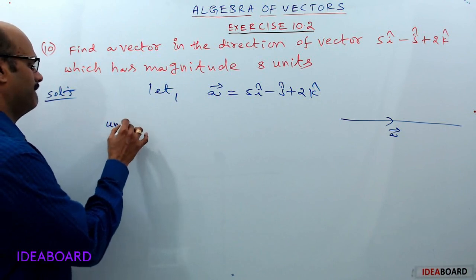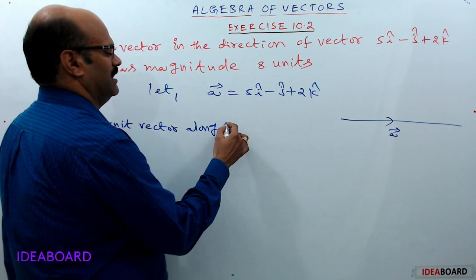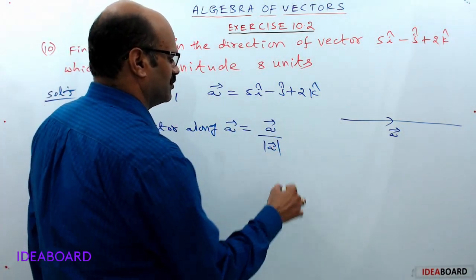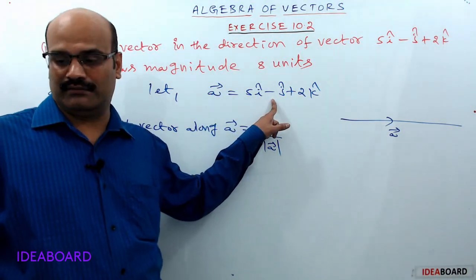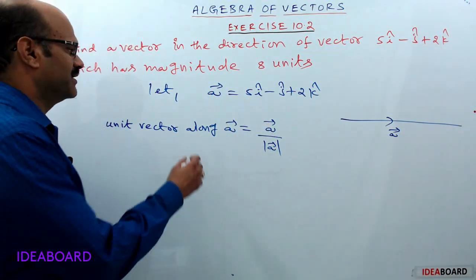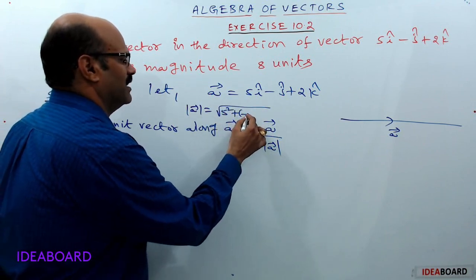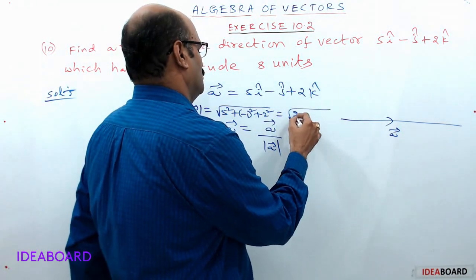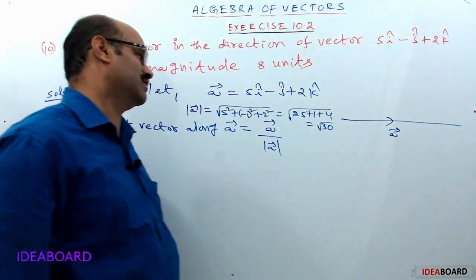Unit vector along A vector is always equal to A vector by magnitude of A vector. Already here we have A vector. Now we have to find the magnitude of A vector. Magnitude of A vector is always equal to square root of 5 square plus minus 1 whole square plus 2 square, equal to 25 plus 1 plus 4, so equal to square root of 30.